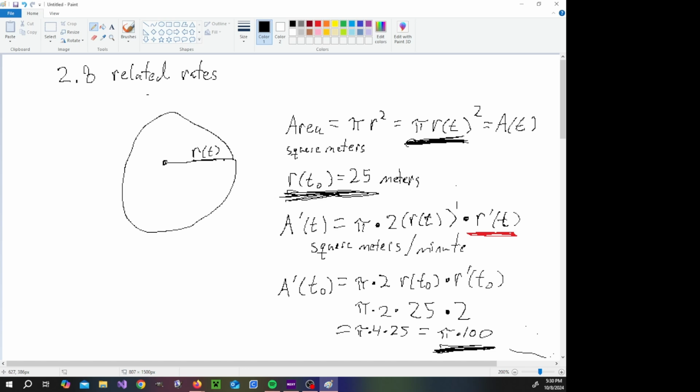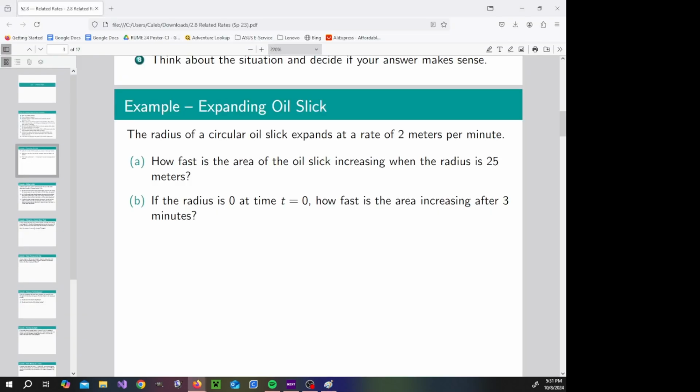Well, change is derivative. So this one doesn't take a lot of nuanced thinking about how to set it up in a nice way, like some of the other problems will. This one we just read it and hopefully can see that it wants the area.